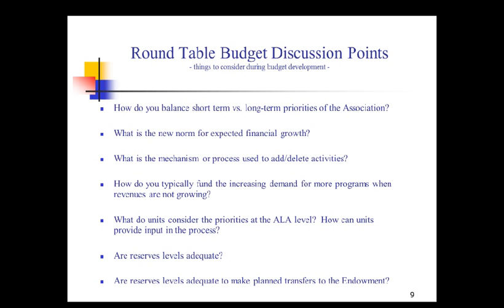How do you balance short-term versus long-term priorities of the association? What is the mechanism or process used to add or delete activities? What do units consider the priorities at the ALA level? How can units provide input in the process? Are reserves levels adequate?